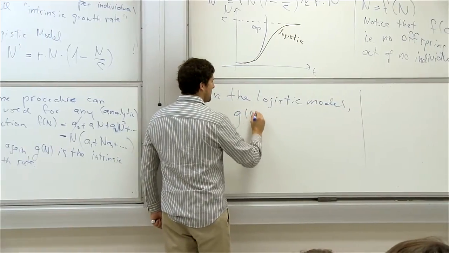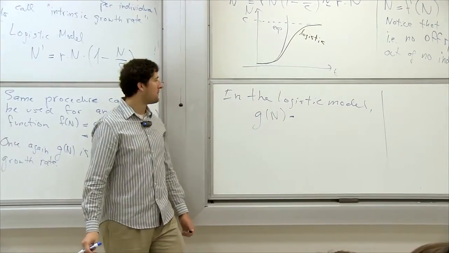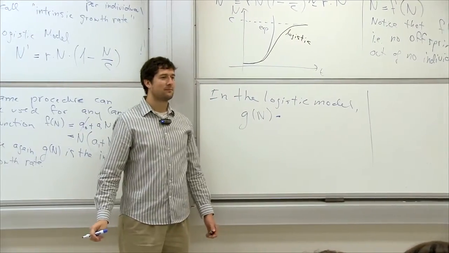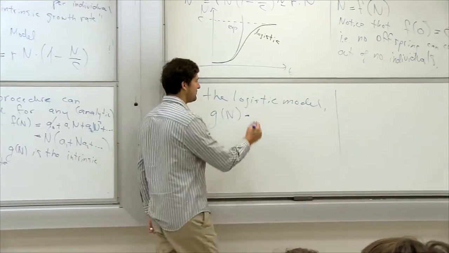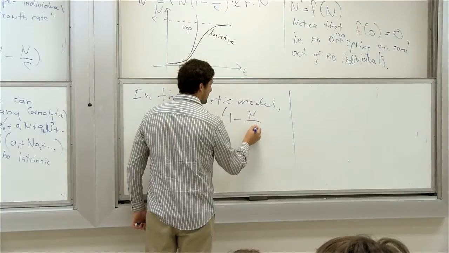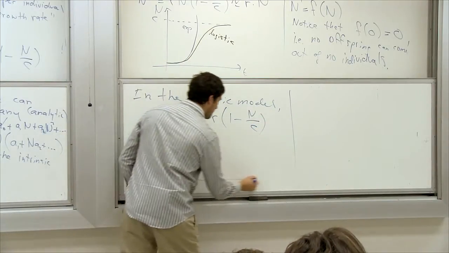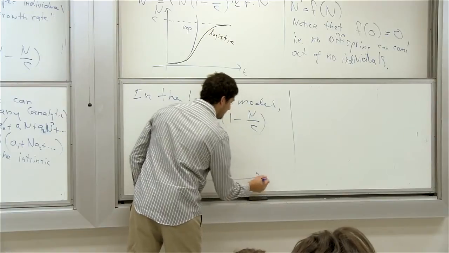So in the logistic model, who can tell me what is g of n? Nelson. Is it r times 1 minus n over c? Correct. How does that look like, let's say as a function of n?